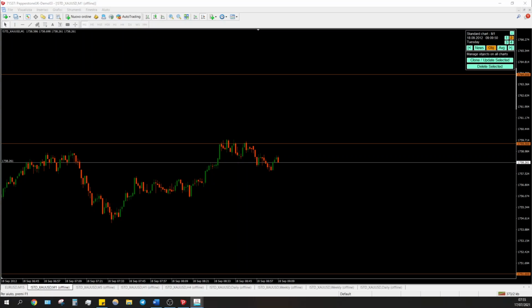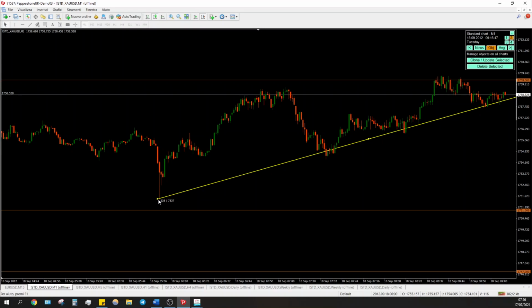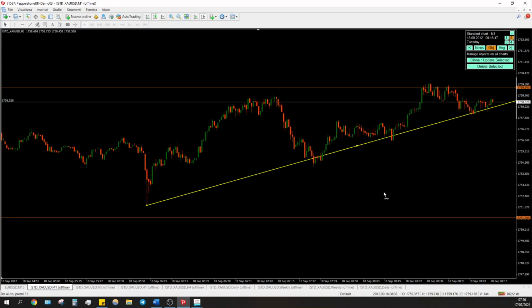You connect these two, and you see the reaction and the bullish. So it also might be the case that we just need some more liquidity grab to continue up.